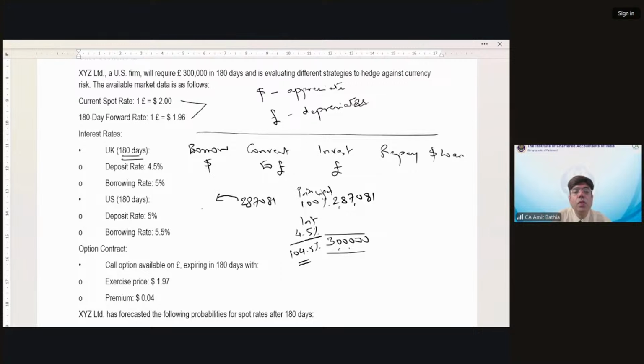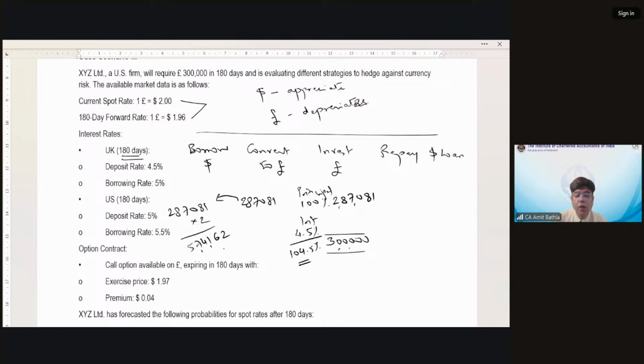So 287,081 into 2. That comes to 574,162. This is the dollars which is required.